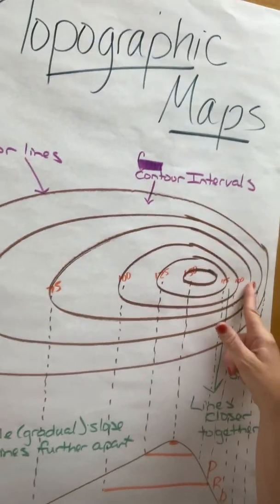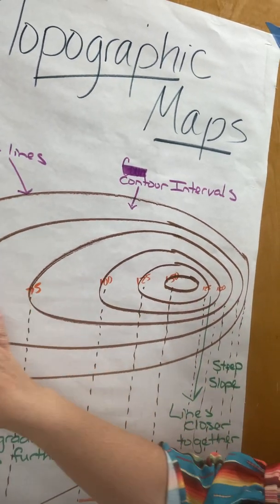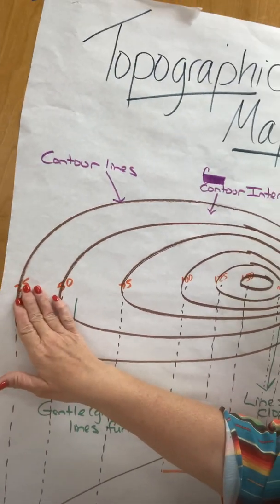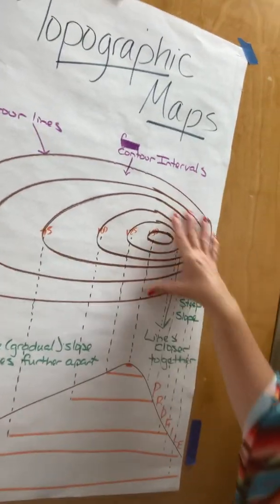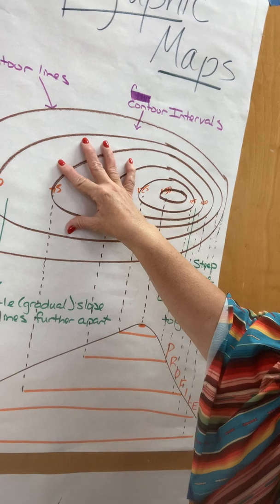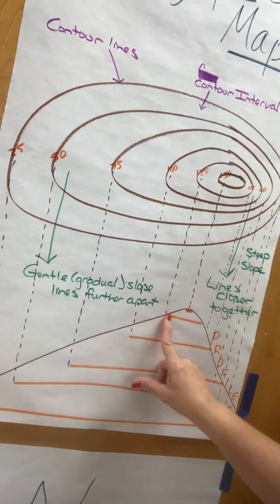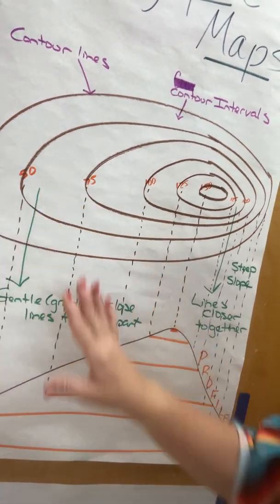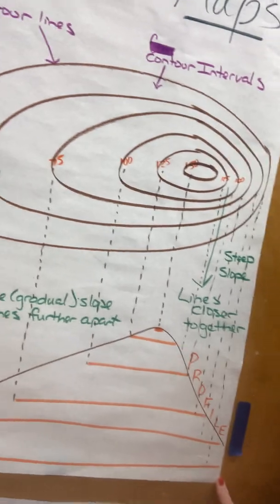The closer together the lines are, the steeper the slope. The farther apart the lines are, the more gentle the slope. Now, if you look over here, this is the topographic view. This is the profile view of this. So you can see right here, it's gentle, and right here, it's steep.